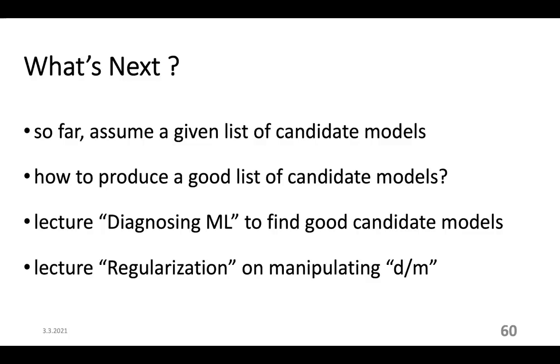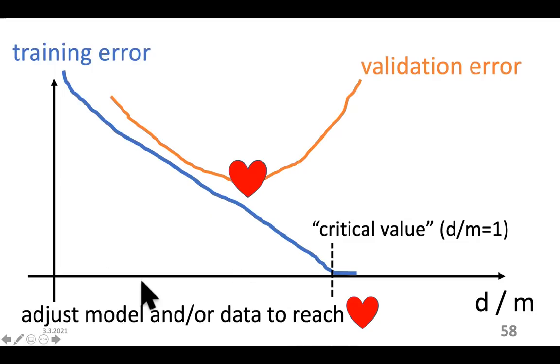And then after this, the last lecture of this round will be on regularization, which is a very elegant way to tune the size of a model, to make a hypothesis space smaller or larger in order to navigate this training and validation error curve. So we want to find the sweet spot here with the small validation error.